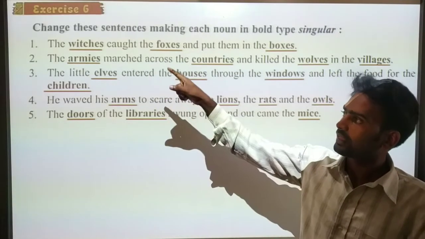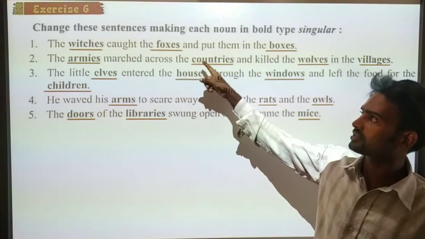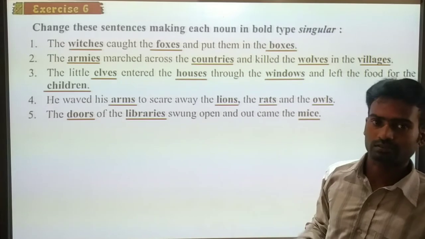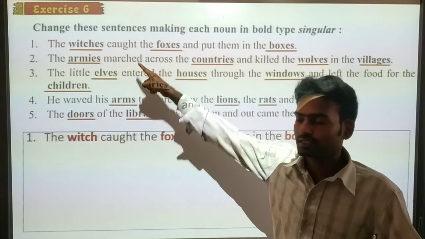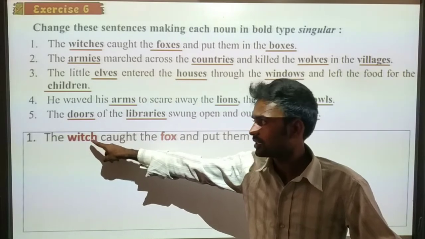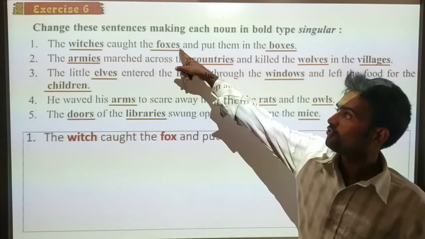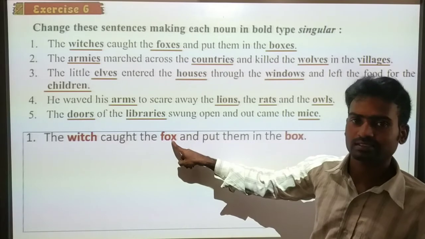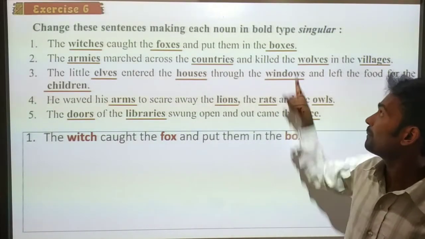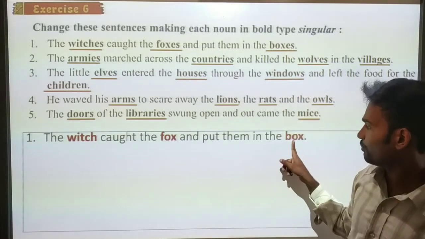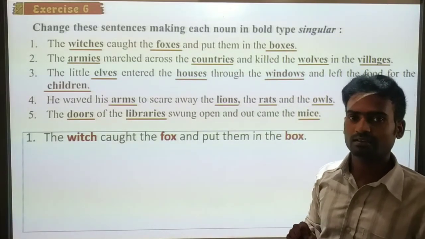Here the first one: the witches caught the foxes and put them in the boxes. Shall we do it? The witches, witch, singular. The witch caught the foxes, plural, fox, singular, and put them into boxes, plural, box, singular. Clear?